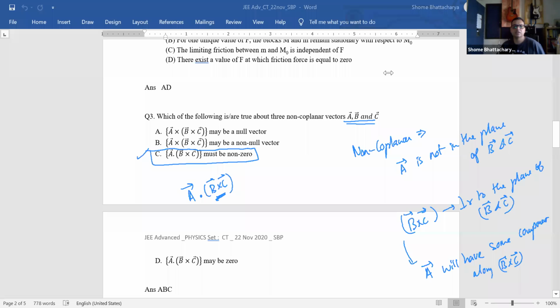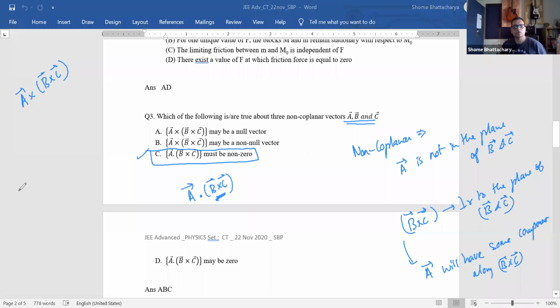Okay, let's understand this whole question now. Okay, others have also asked. So what is happening is that they are non-coplanar vectors. So what about this, let's understand. A cross B cross C. So what is A's relationship with B cross C? Let's try to understand. Suppose B and C are lying in this plane.